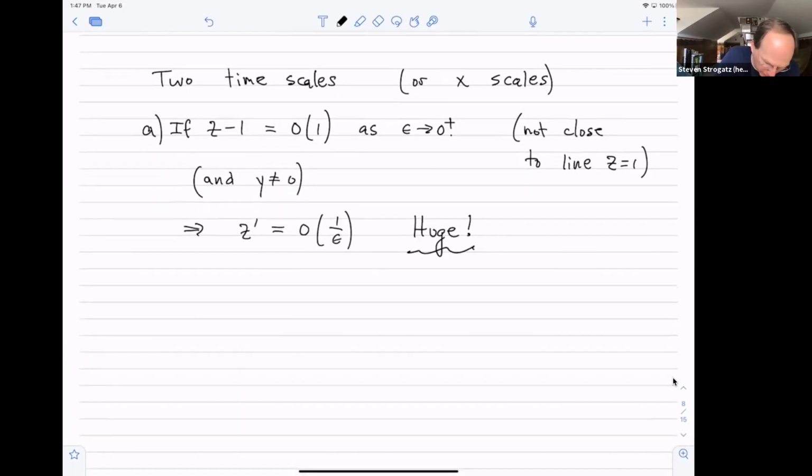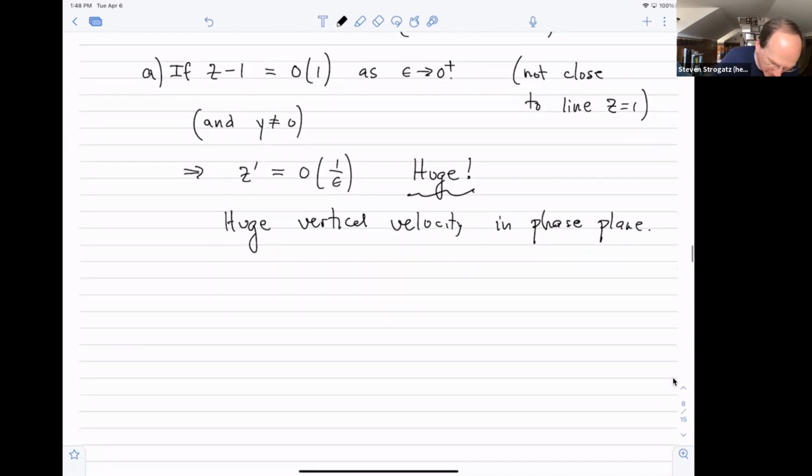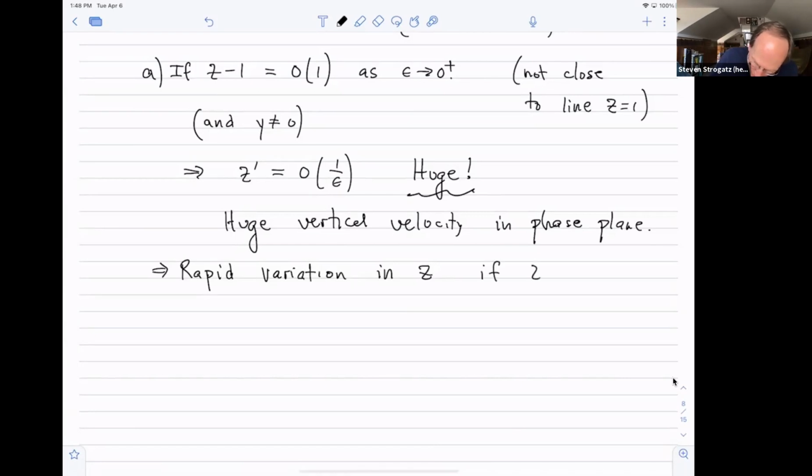And that means that we have a huge vertical velocity in the phase plane, and that corresponds to a very rapid variation in Z with respect to X. So that's all happening as long as Z is not too close to 1.